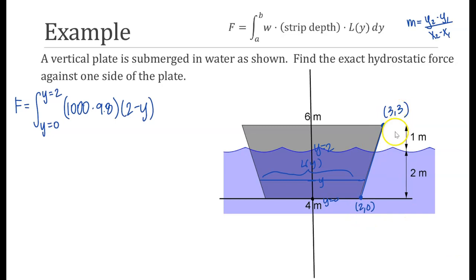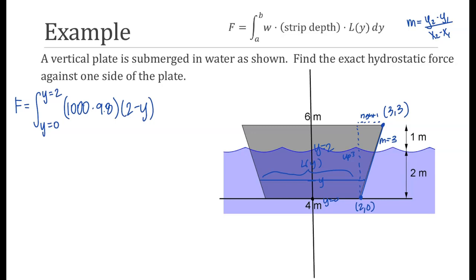Or the easier thing to do is just to figure out the slope by finding rise over run between these 2 points. So I'm going up 3 units, and then right 1 unit. So that makes the slope of this line, m, equal to 3.